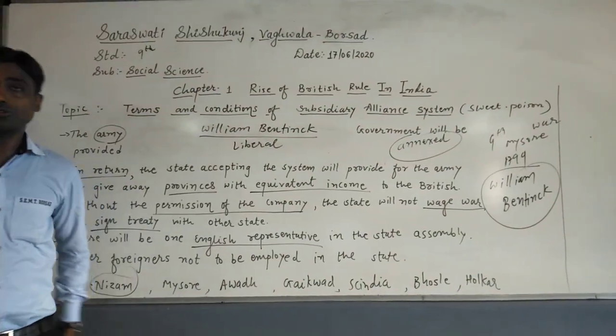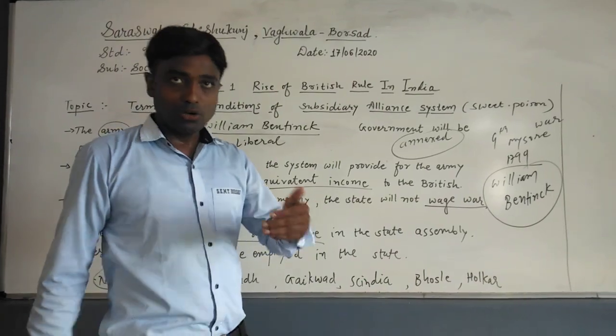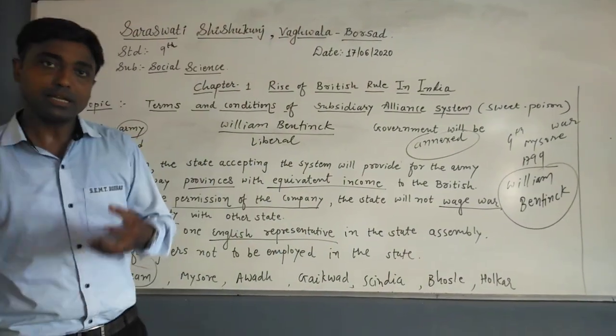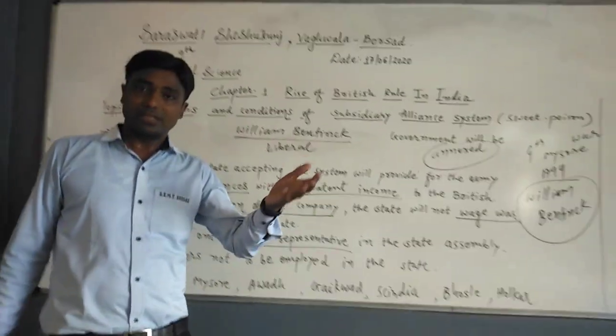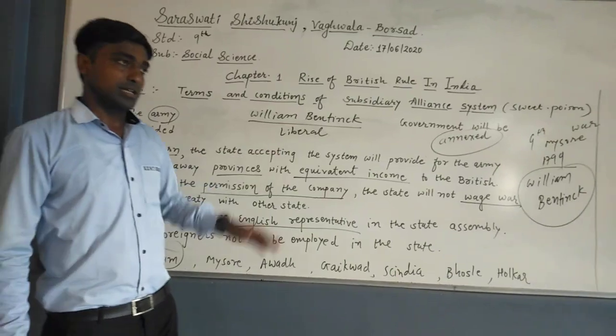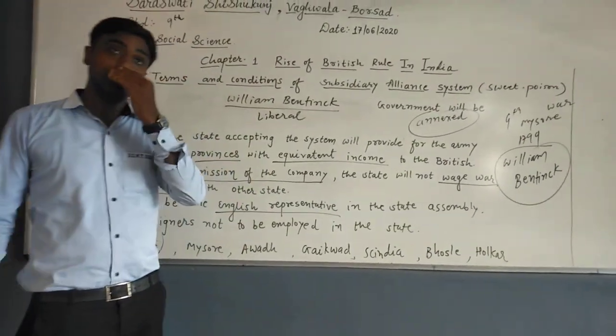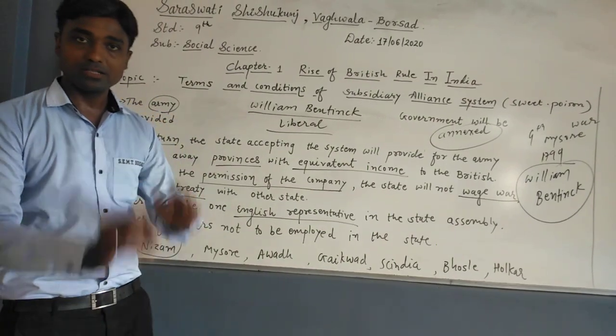Because when he came to the throne, he realized that the people were not satisfied with the policies adopted by the last Governor General. So he needed to improve his nature and become liberal, and he did not make too harsh policies.